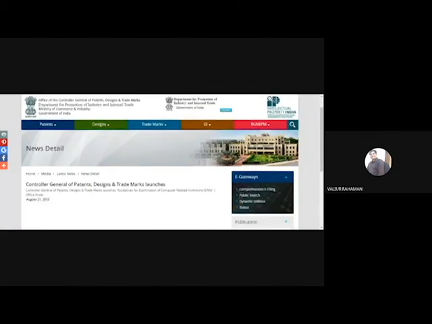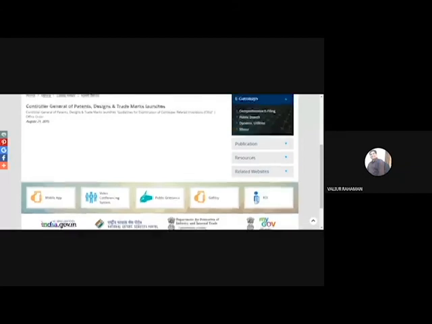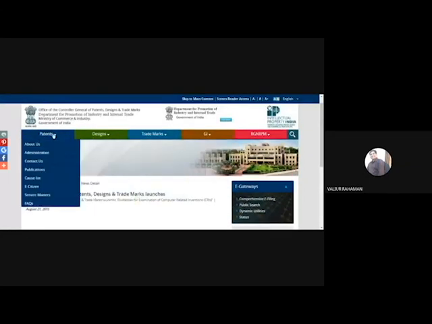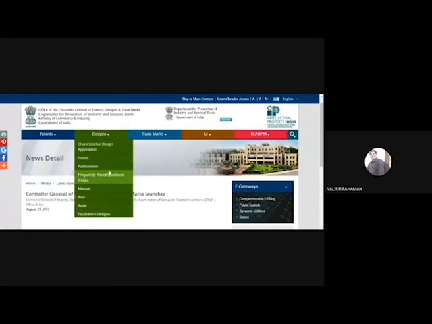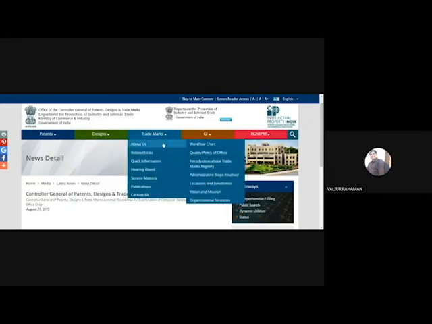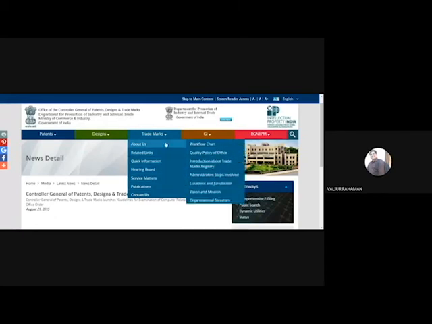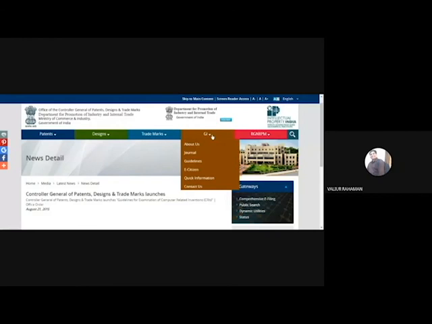If you see how patenting goes on, how designs can be protected, how trademarks can be filed and received, how information can be gathered from this tab.